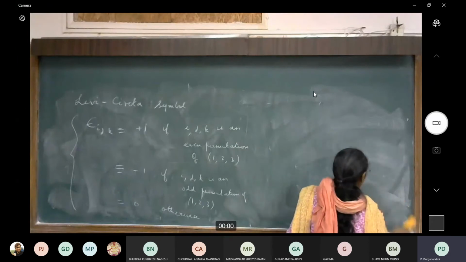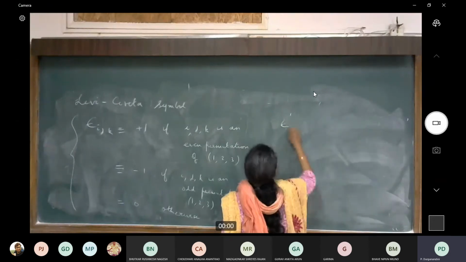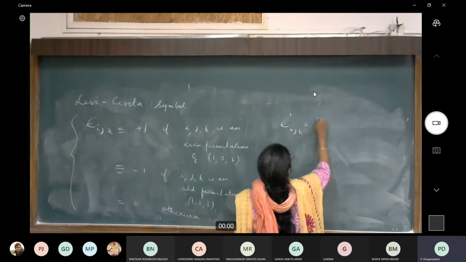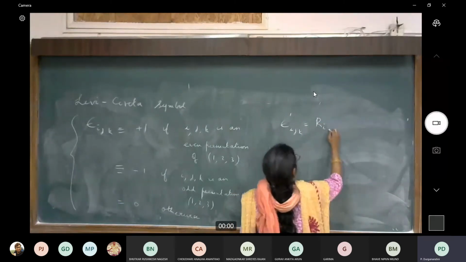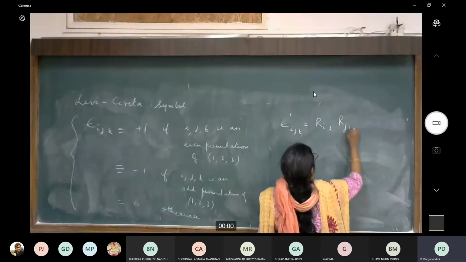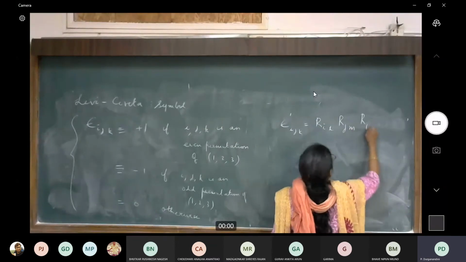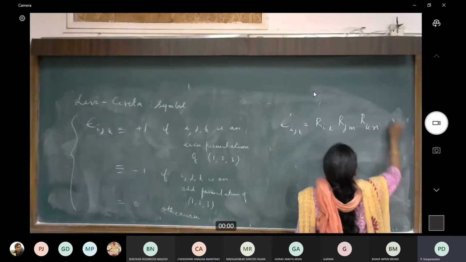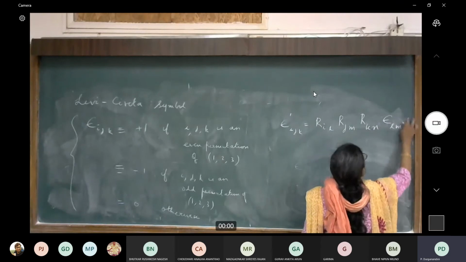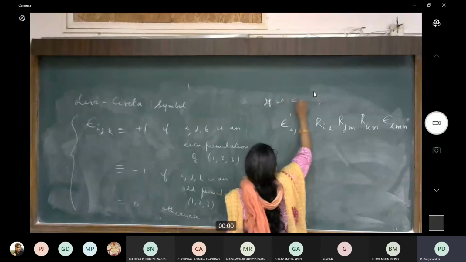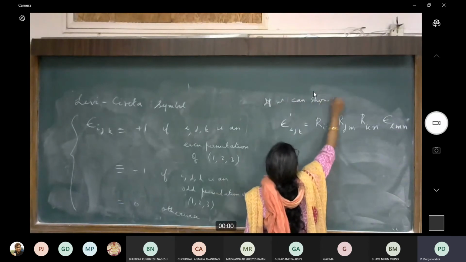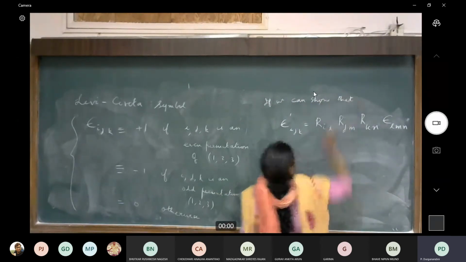But if I can show that epsilon prime ijk equals ri l rjn rkn epsilon ln, if we can show this, then we are done.